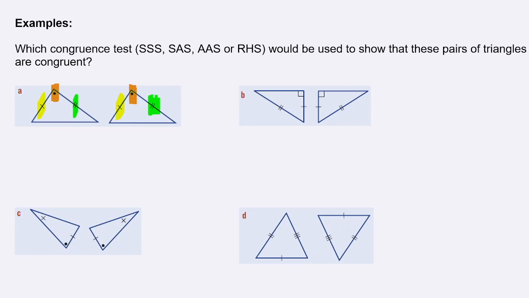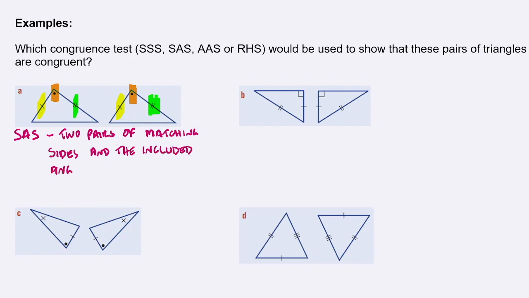So the test for this one is SAS, because we have two pairs of matching sides and the included angle are equal. Okay, so that's our first one.